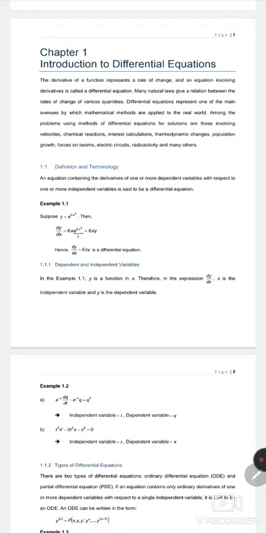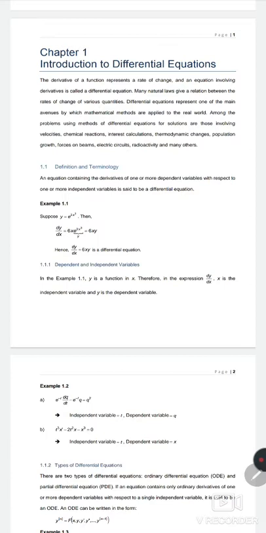What is the meaning of differential equation? The derivative of a function represents a rate of change, and an equation involving derivatives is called a differential equation. Many natural laws give a relation between the rate of change of various quantities. Differential equations represent one of the main avenues by which mathematical methods are applied to the real world.